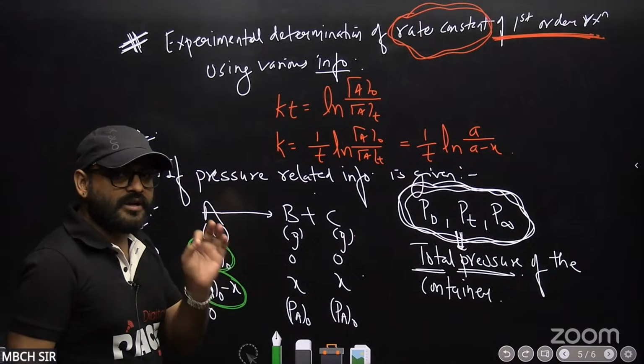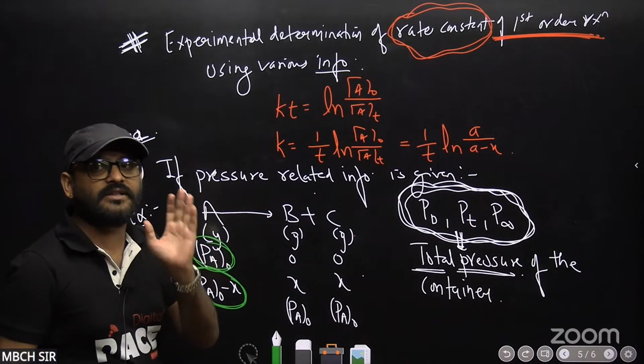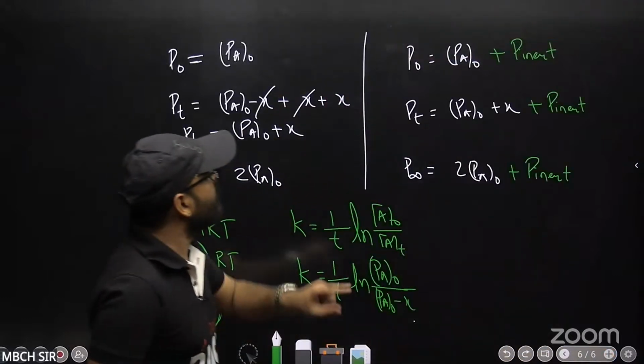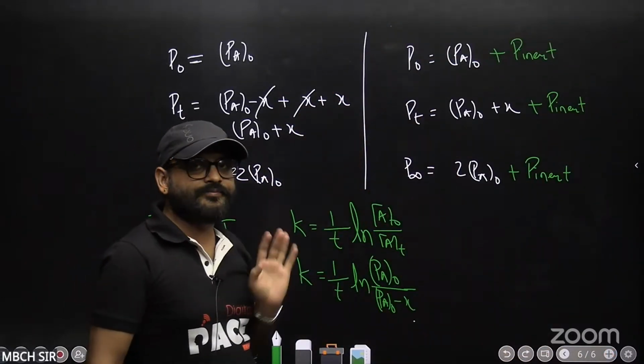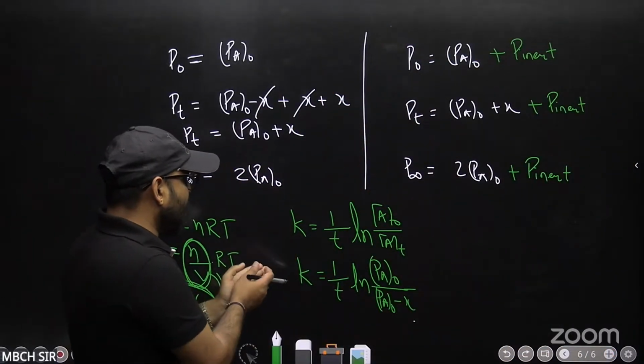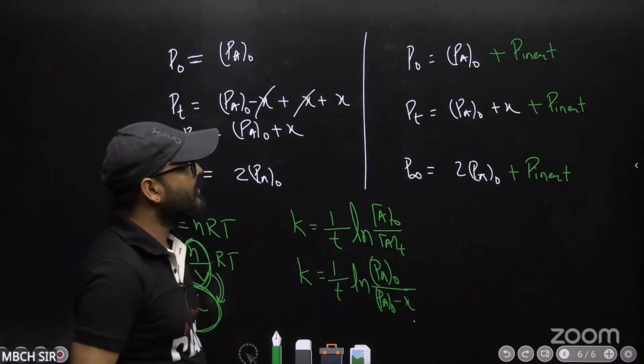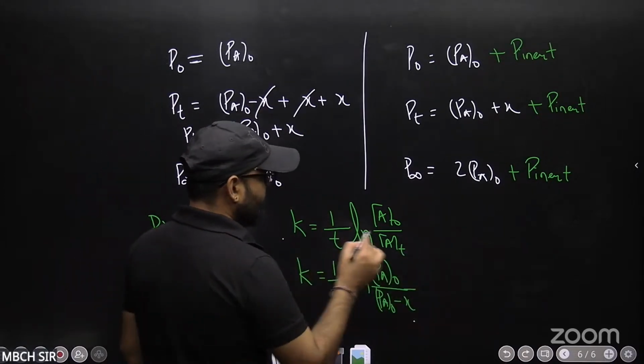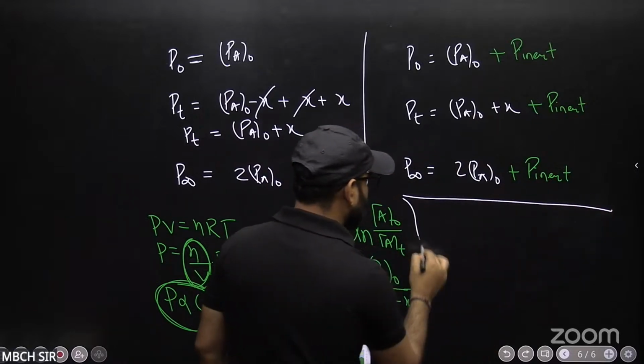You have to consider pressure only when it is a gaseous substance, not for solids and liquids. Next, you have to write these things. Then you have to find PA naught and x. How? We will do one question and then learn from there.